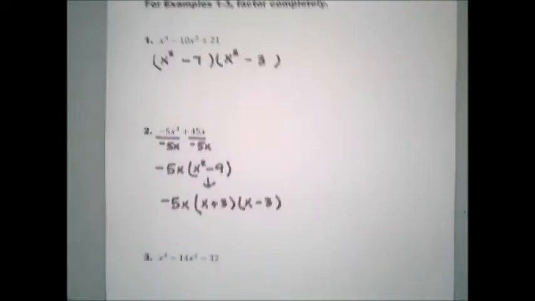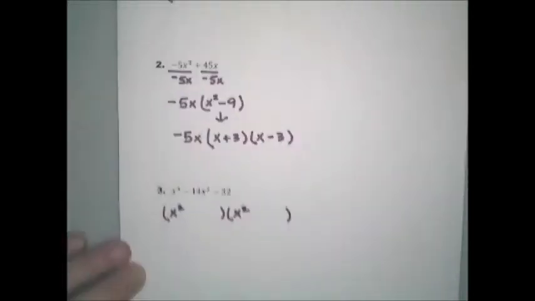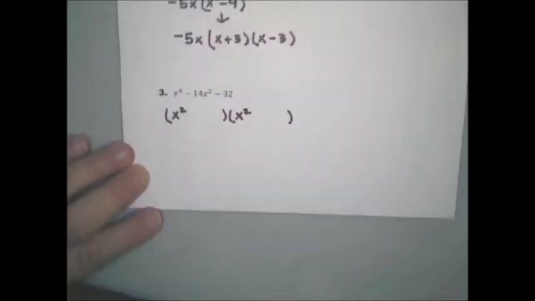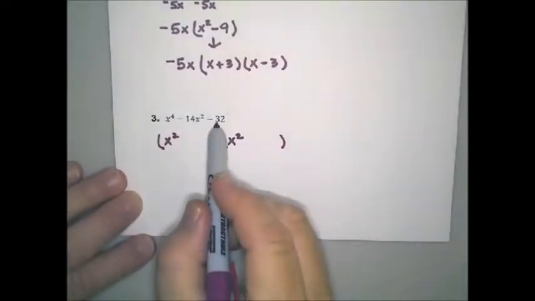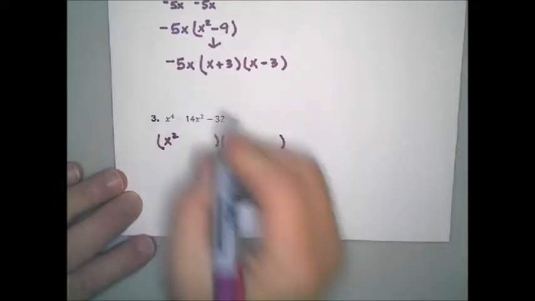Now the last problem down here, somewhat the same as the first one: x to the fourth, then x squared, then the constant. So I know I begin with x squared here and x squared there. It's the only thing that can possibly happen. Now, what are the factors of negative 32 that give me negative 14 as a sum?